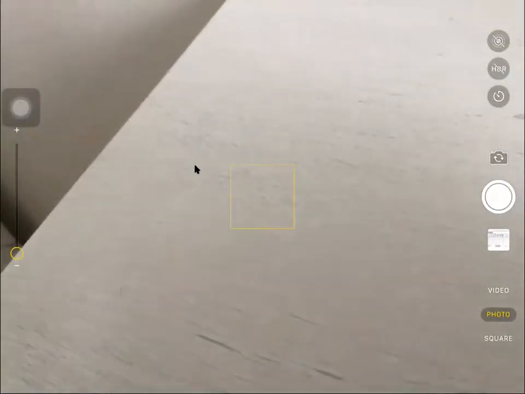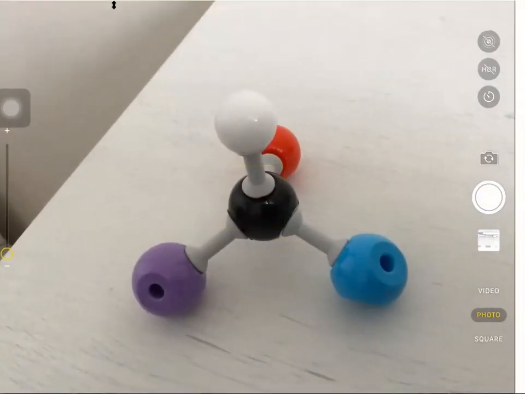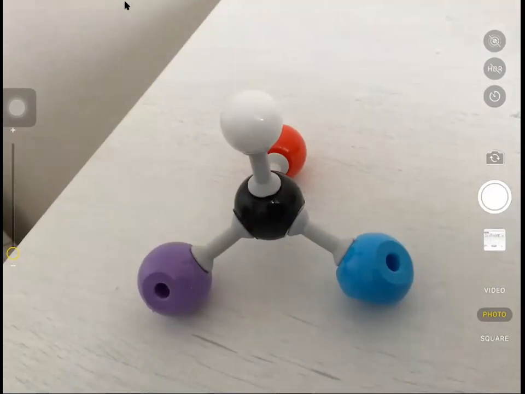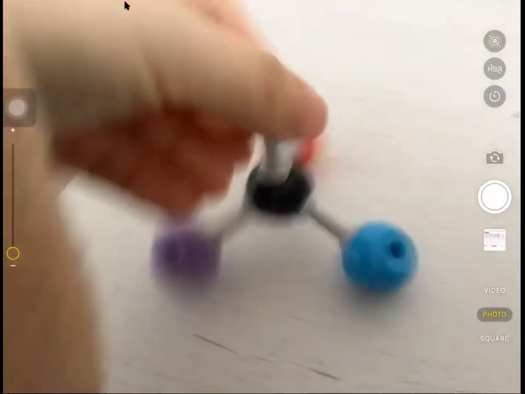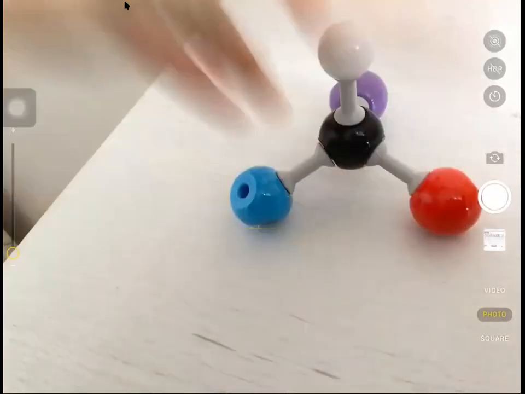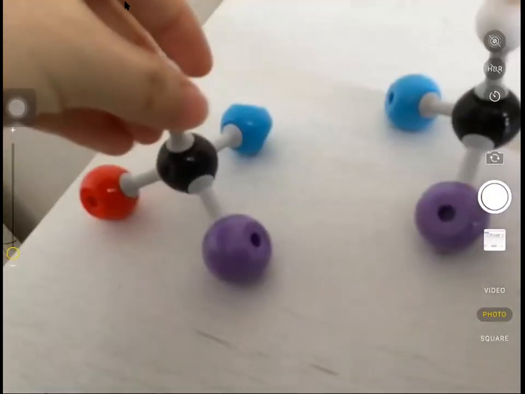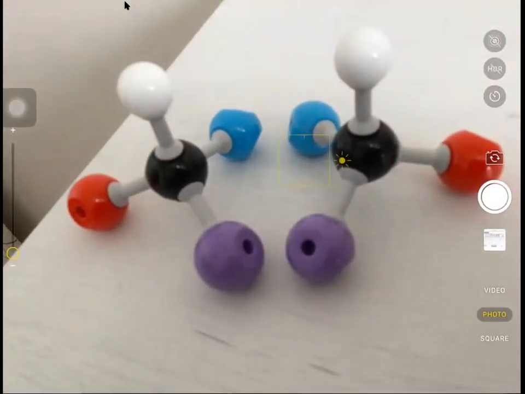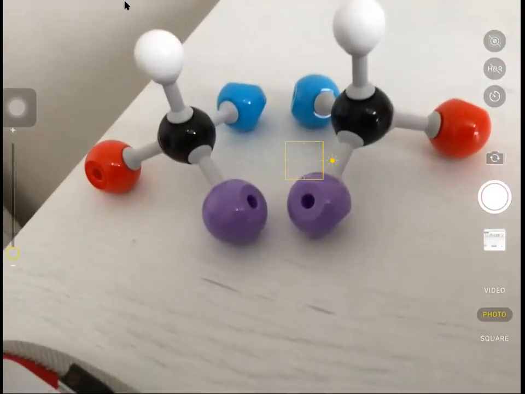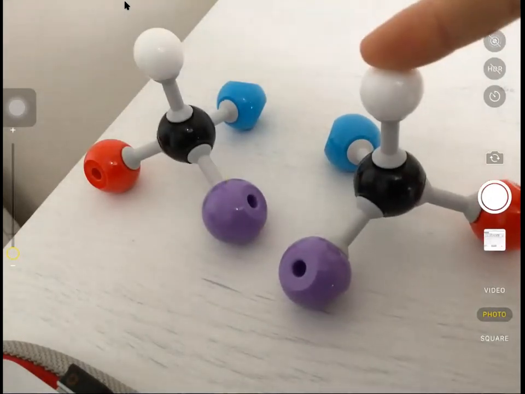Okay, now that's one of the molecules. If that's my original molecule, and I switch the position of the blue one and the purple one, I get the mirror image. Did you see that? And then I take this molecule, as I have drawn, and I switch the position of these two.